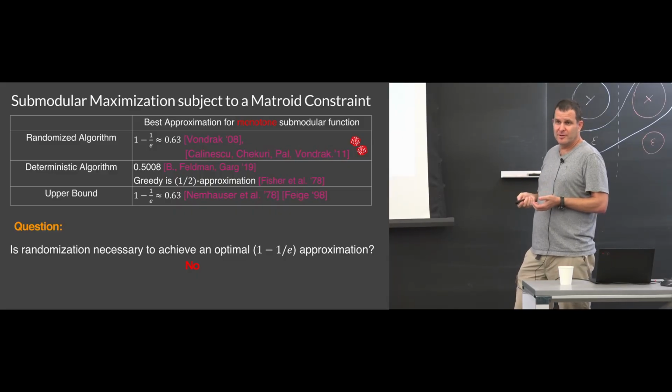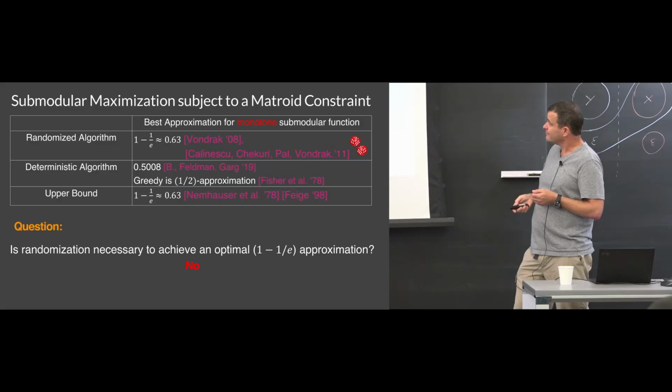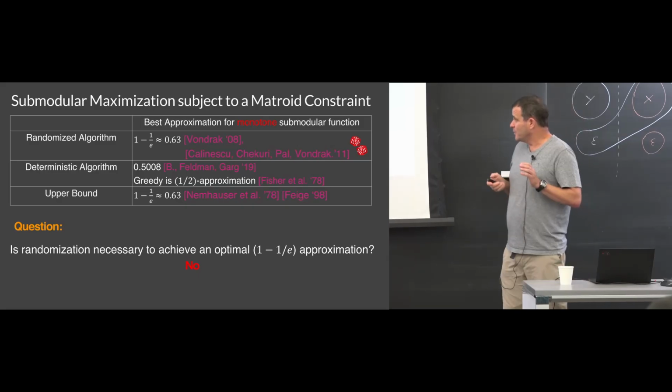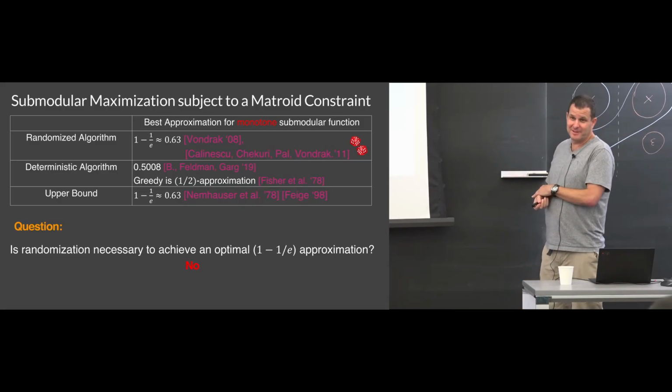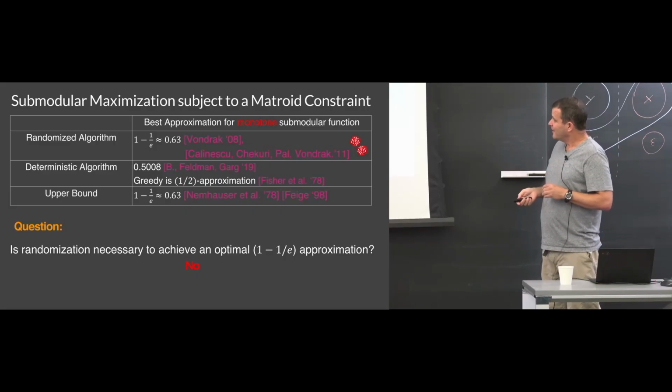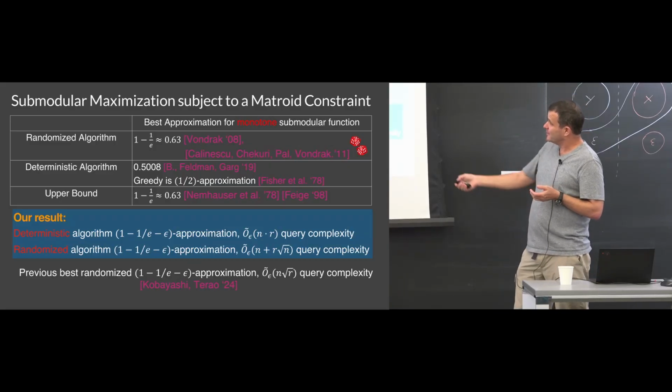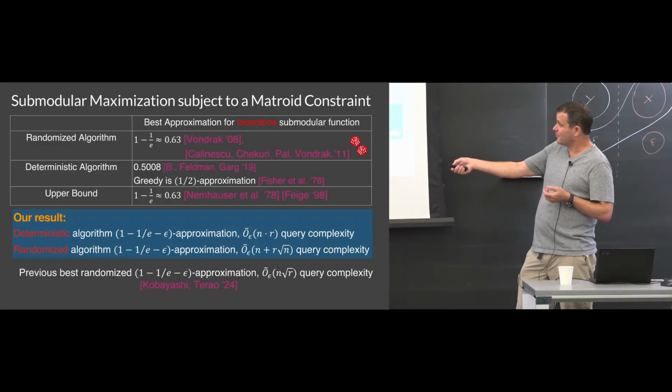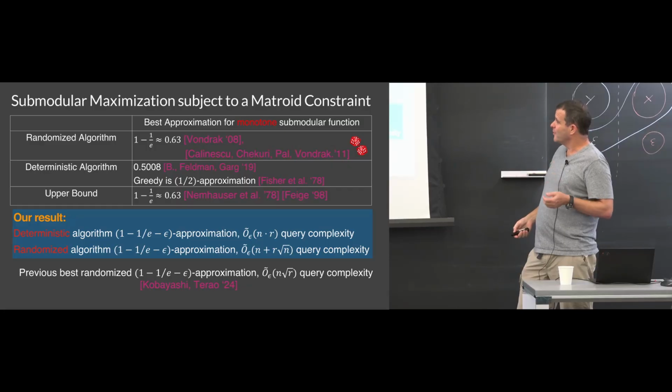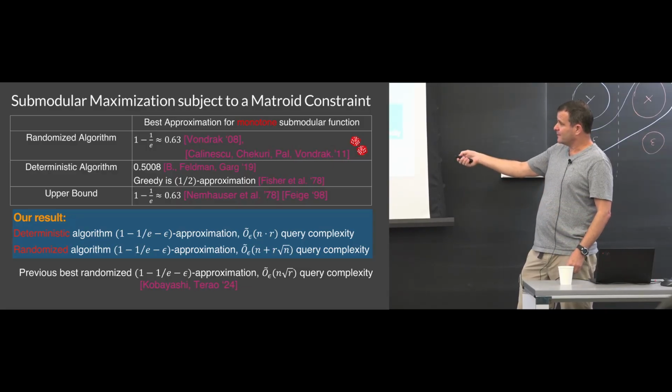And this is not just complexity. You have access only with a value oracle. And what we showed is that you don't need randomization. So what we showed is that you can get a deterministic algorithm, which gives you 1 minus 1 over e minus epsilon, where the query complexity that you need is something like quadratic.